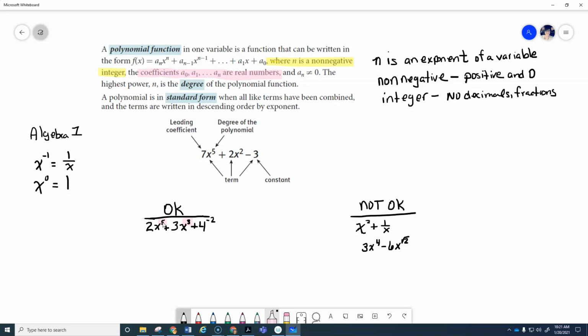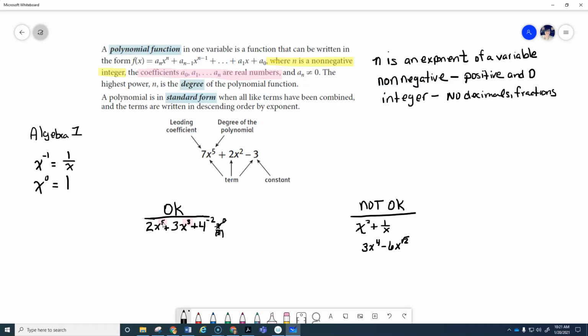Now, one thing you might want to recognize is that even though this looks like it doesn't have a variable, it really does. This variable just has an exponent of 0. Anything with an exponent of 0 is a value of 1, so that becomes a 1, and 1 times 4 raised to the -2 is simply 4 raised to the -2.